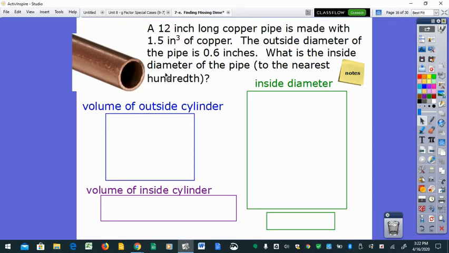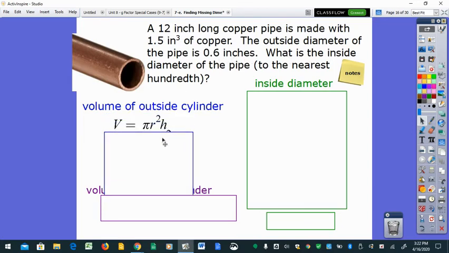So I'm going to start by finding the volume as if it didn't have a hole. So I'm going to find it without the hole. So I have a 12-inch copper pipe, and I know that the outside diameter is 0.6. So I'm going to use the volume formula of a cylinder. I'm going to put the 12 inches in for the height, and I'm going to put the 0.3, half of the diameter, in for the radius.